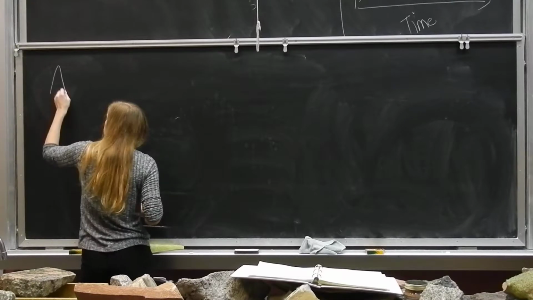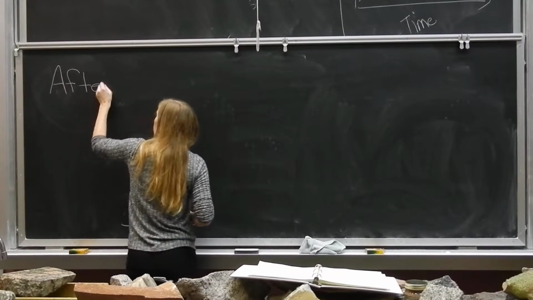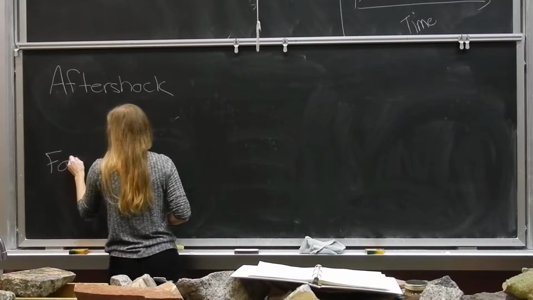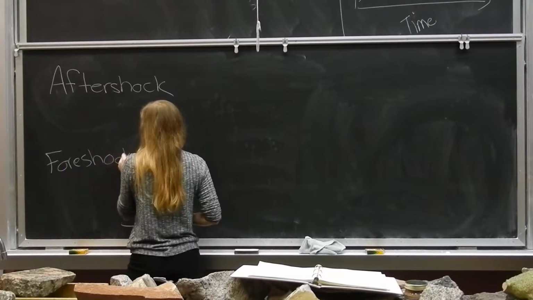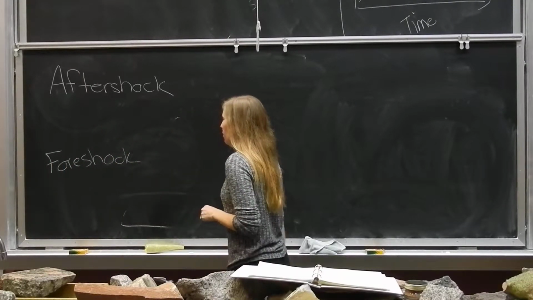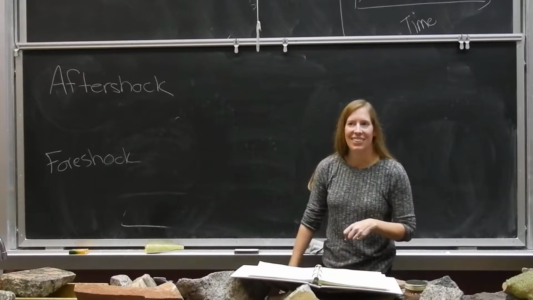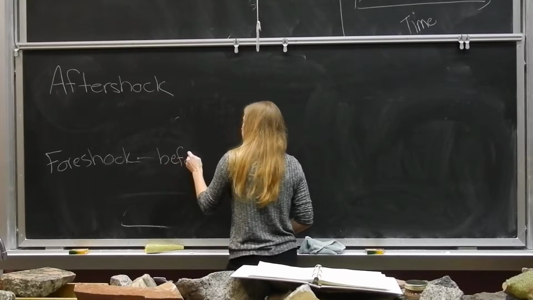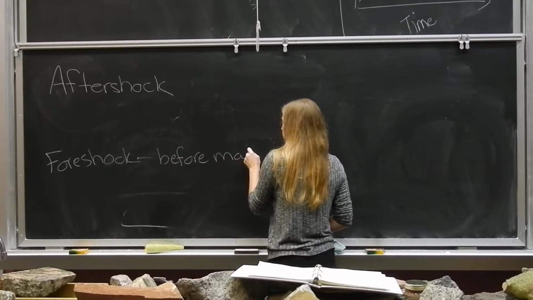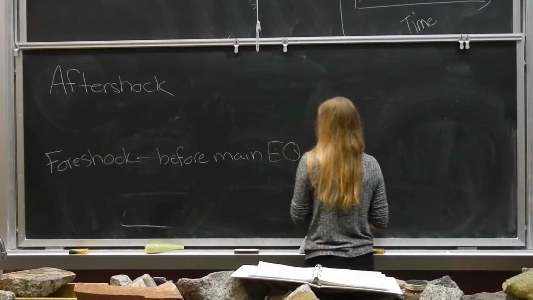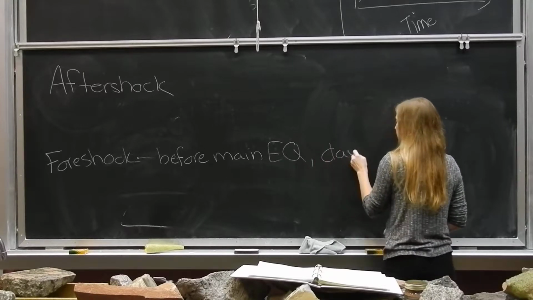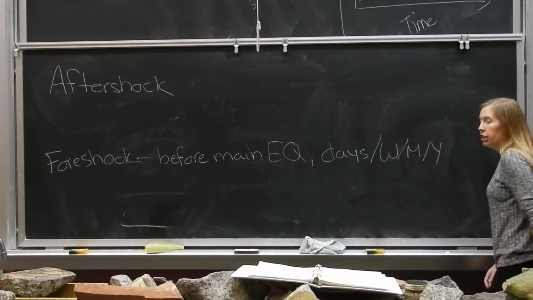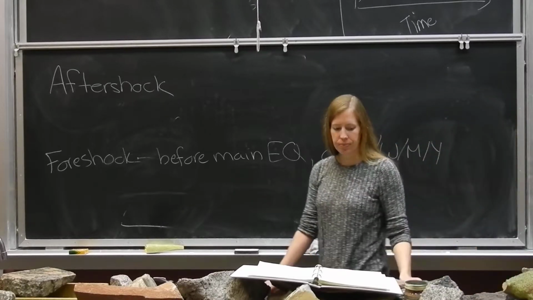What is the difference between an aftershock and a foreshock? One comes before and one comes after the main earthquake. Which one comes before? The foreshock. This is before the main earthquake. That can be days, weeks, months, even years beforehand.